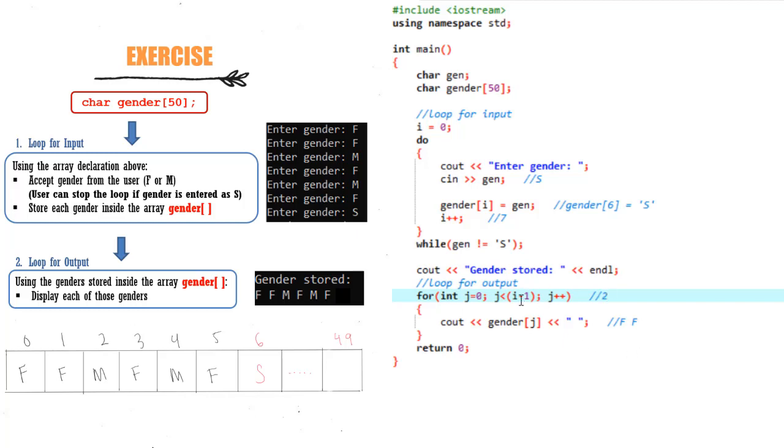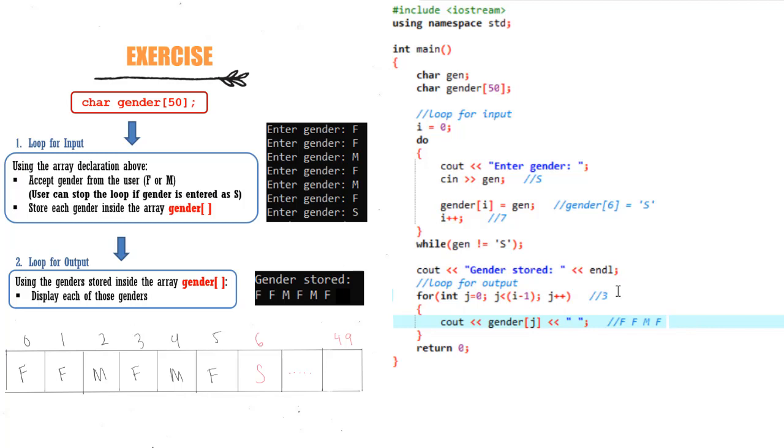All right, is 2 less than 6? True, it will go inside. All right, so gender 2 is M, so it will display M here. Okay, and then it goes back up. All right, and then J updated to 3. Okay, so is 3 less than 6 true, so gender 3 is F, so it will display F with a space.